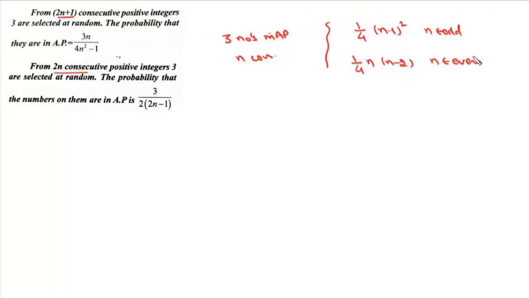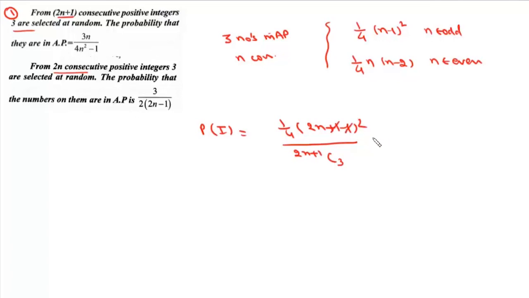Now for the first one, if we have to select 3 numbers in AP, now in this case 2n plus 1 is an odd number. So this required probability for this first case will be 1 by 4. Now n in this case is 2n plus 1, so it will be (2n plus 1 minus 1) whole square divided by the total number of ways of selecting 3 from 2n plus 1, so it will be 2n plus 1 C3.